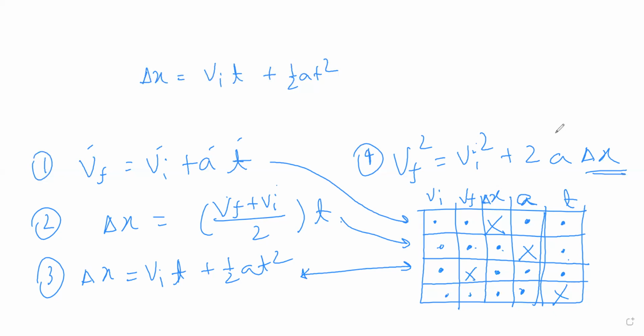How much distance does it cover? In that case, we have to use this formula because there's no mention of time. They are asking how far it goes. Okay, so that's all the discussion about 1D motion.